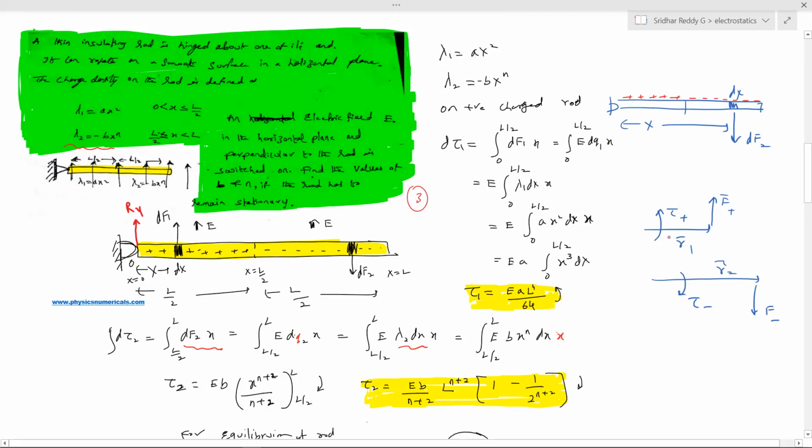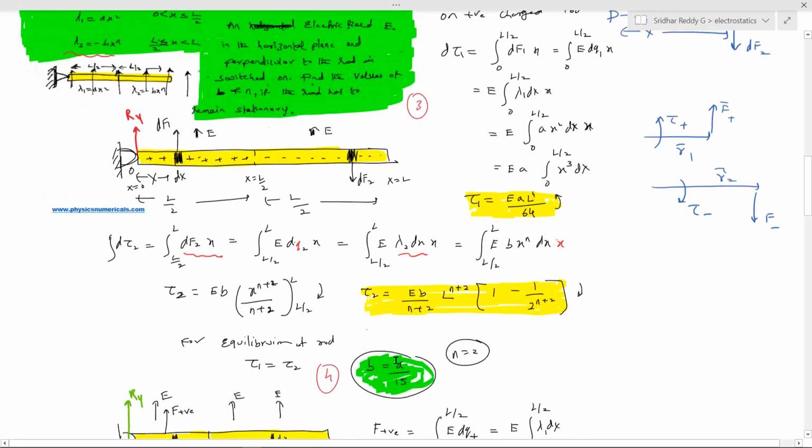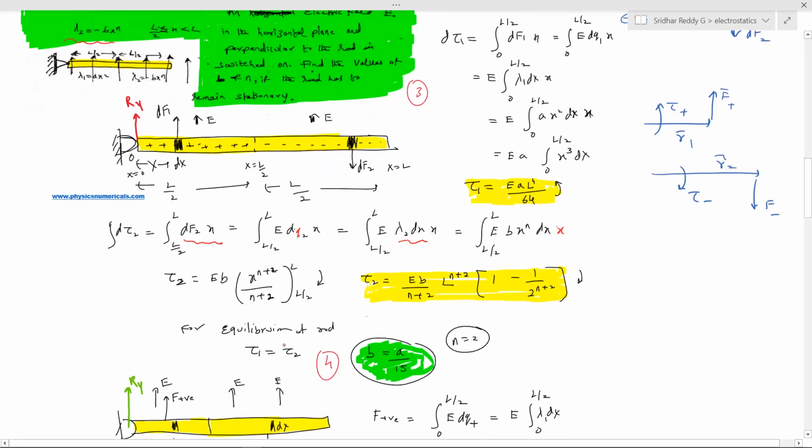The limit should be L by 2 to L, no? Because x equal to 0 to x equal to L by 2, then x equal to L by 2 to capital L. Solving, I'll get the torque. And for equilibrium of the rod, what can we assume? The net torque should be 0. So solving that, we'll end up with this answer.